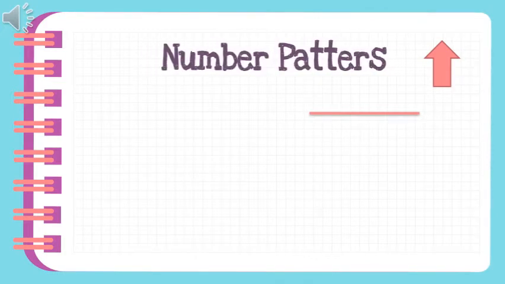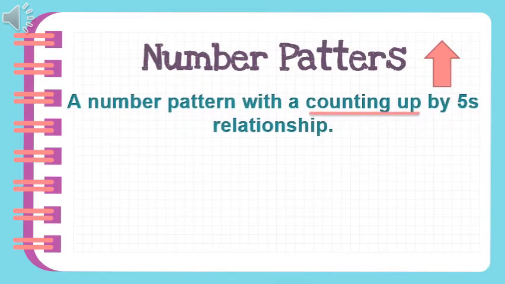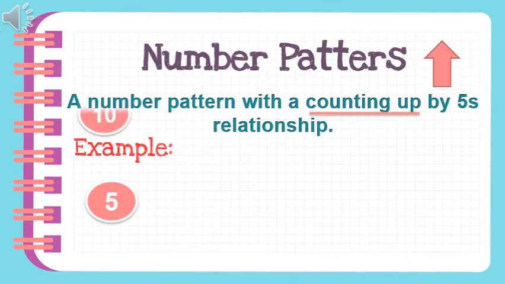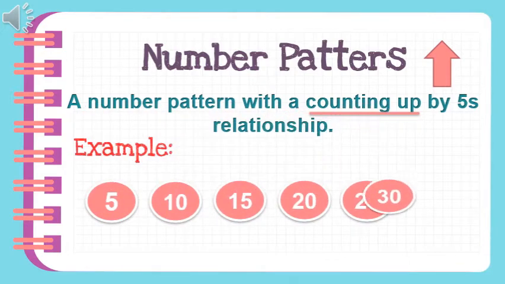A number pattern with a counting up by fives relationship. For example, 5, 10, 15, 20, 25, and 30. As you see, the numbers from 5 to 30 is in ascending order, meaning it's counting up, and it's counting up by fives.